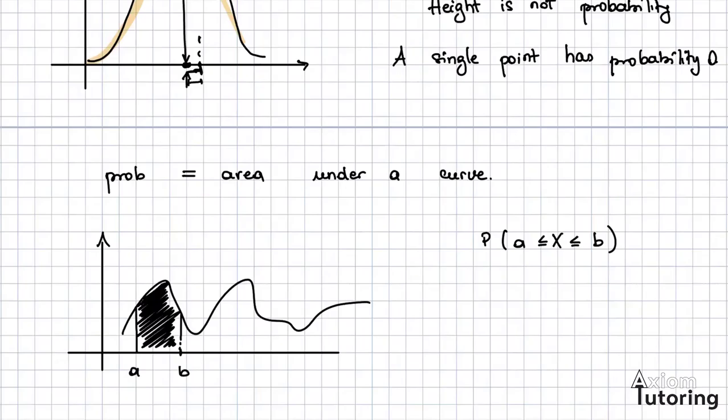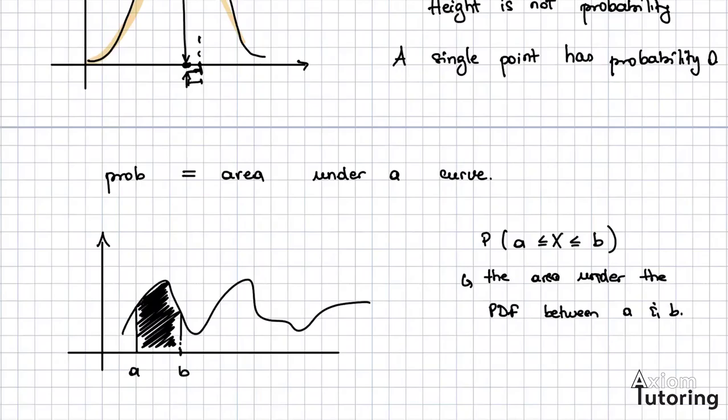And when you write something like this, what you mean is the area under the PDF between A and B. This is also the reason why you can sometimes have tall and narrow regions or short but wide regions that have exactly the same probability.